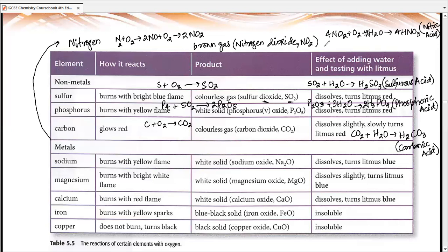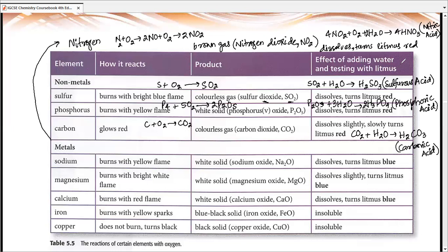And of course, it's going to dissolve and turn litmus paper from blue to red. This completes the non-metals part for us.